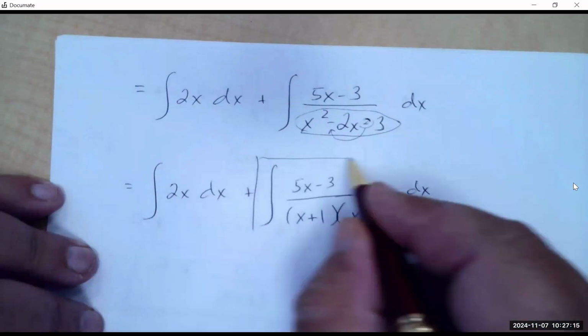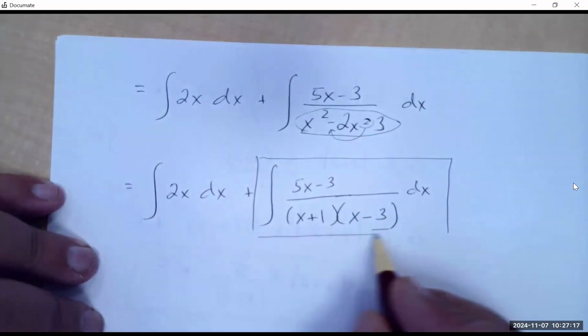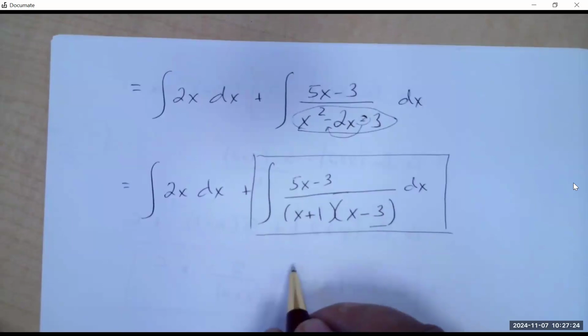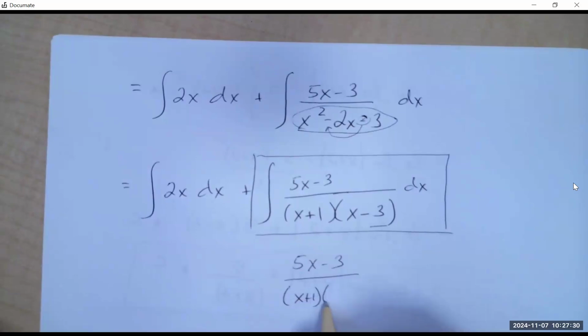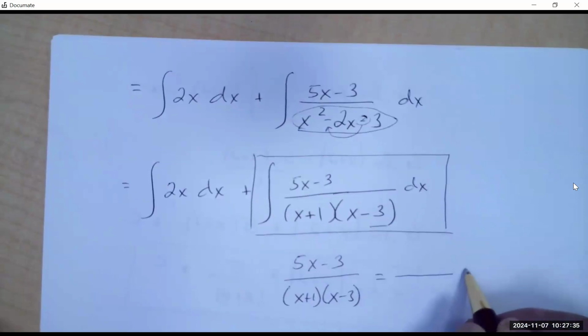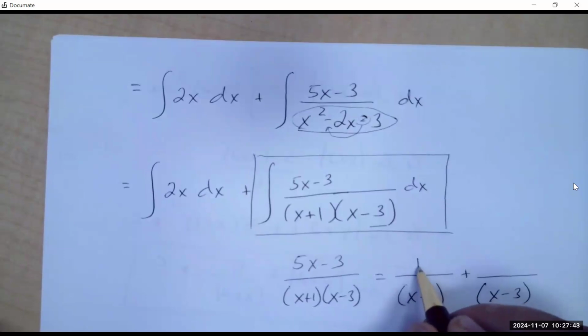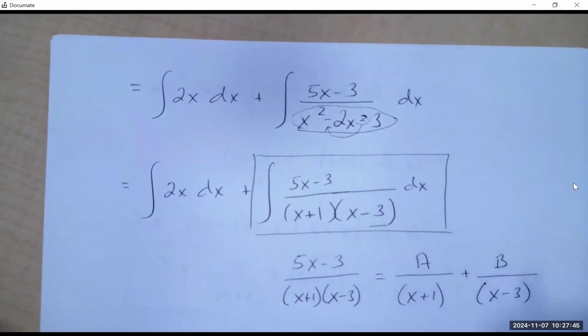Let's just focus on this partial fraction side. Because we have (5x minus 3)/((x plus 1)(x minus 3)). Since we have two independent linear factors, we have to find what A and B are.